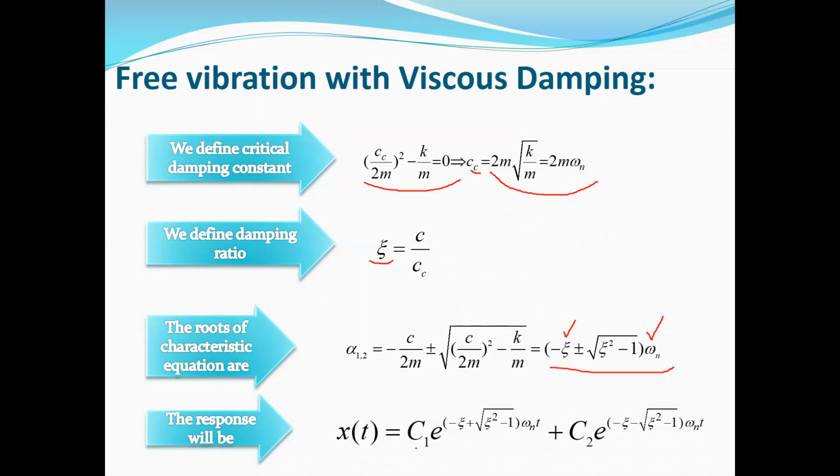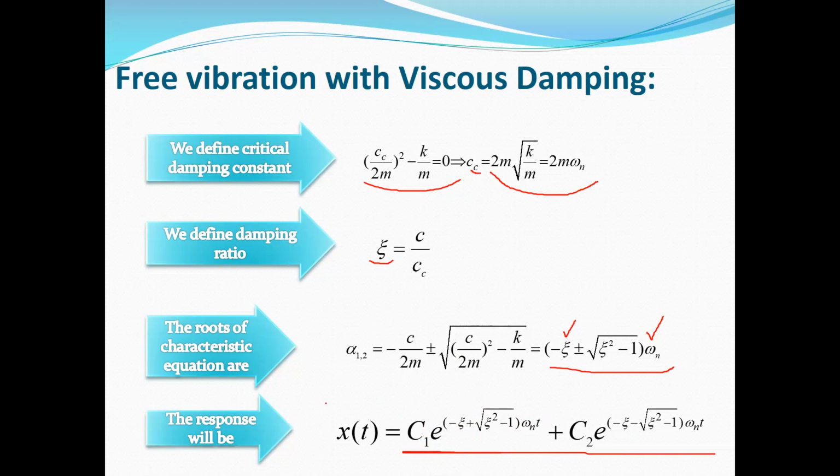So if you rewrite x(t), the response of the equation of motion, which was m x double dot plus c x dot plus k x equal to 0, the response can be rewritten as c1 exponential of minus psi plus or minus the square root of psi squared minus 1, where psi is the damping ratio, times omega n t.